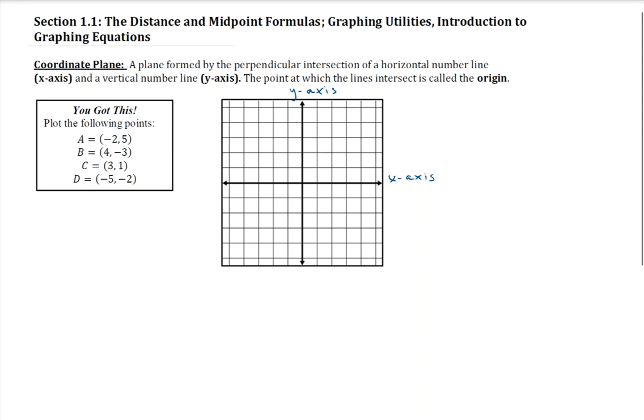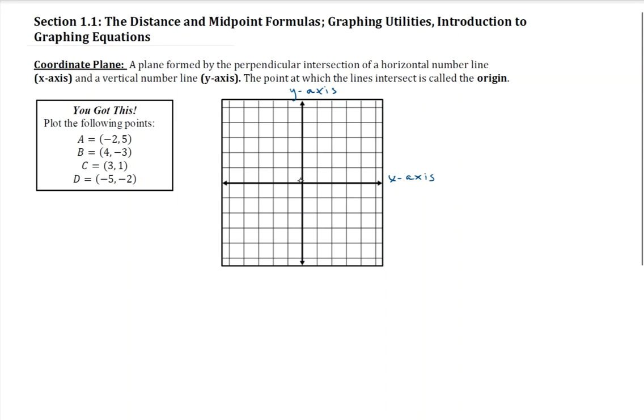Okay, now that you have them plotted, let's see how our answers line up. Our first point is -2, 5. So what you have to do is start at the very center of the coordinate plane, and this point right here, by the way, is known as the origin. Its ordered pair would be 0, 0.